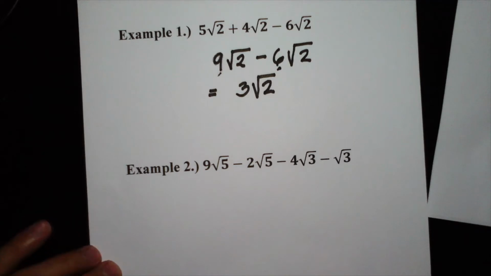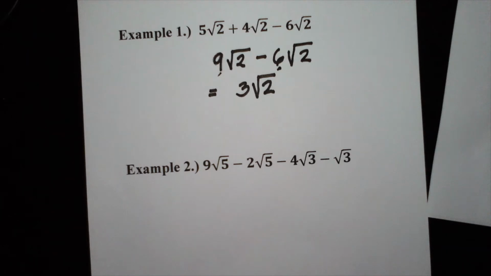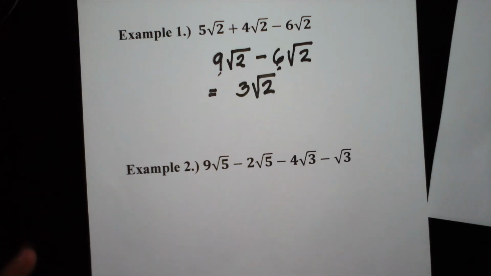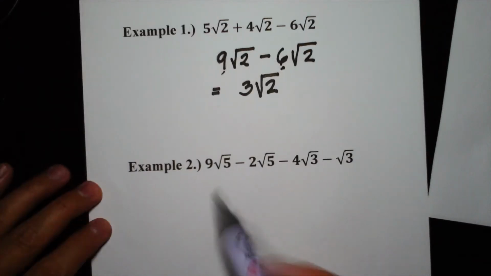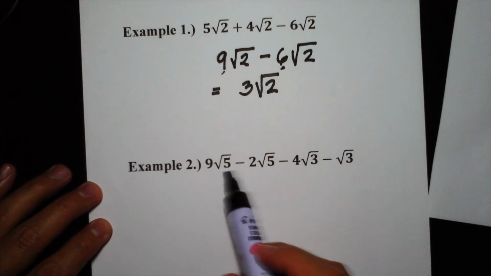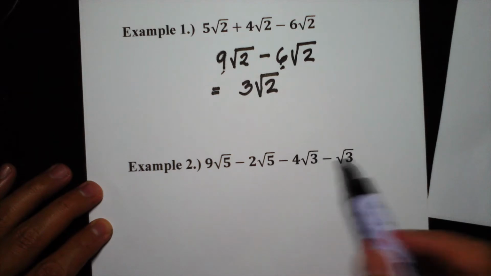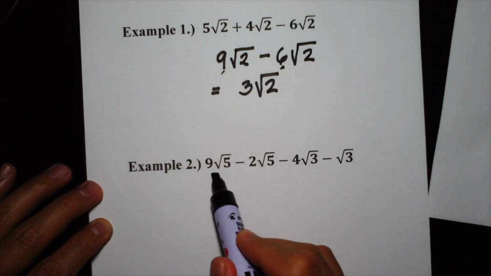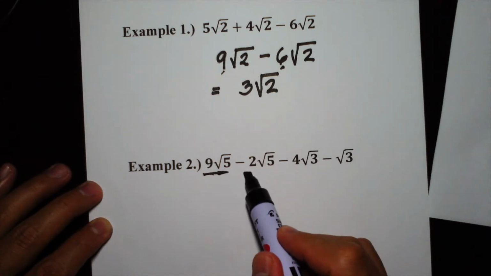Okay. Next, example number 2. It's the same rule. Examine first if they are similar radicals. So we have 9 square root of 5 minus 2 square root of 5 minus 4 square root of 3 minus square root of 3. As you can see, the similar radicals here are 9 square root of 5 and 2 square root of 5.